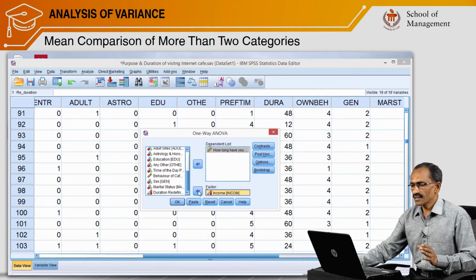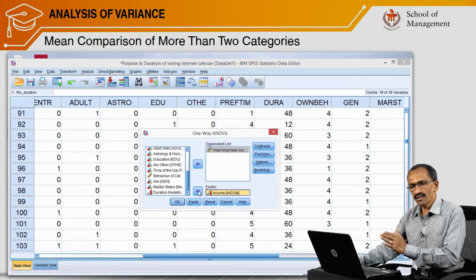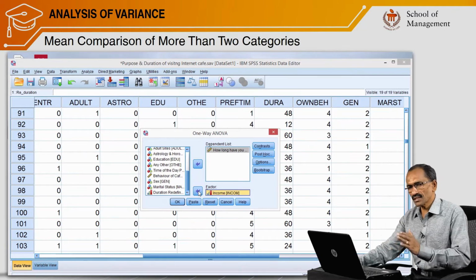Having done this, let me ask one question. Have you ever thought of the null hypothesis for this? The null hypothesis is that there is no significant difference in the mean value across categories. In our variables of interest, it means there is no significant difference in the average duration of internet visit across income categories.